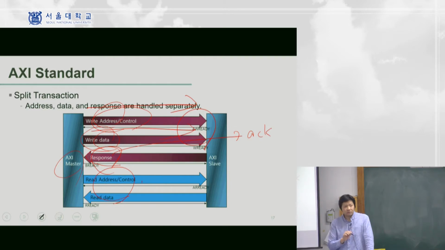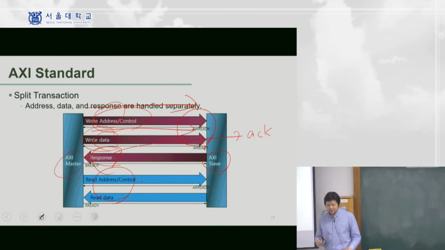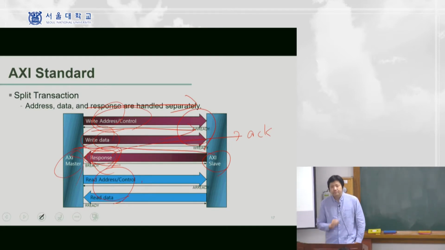But in contrast, the acknowledgement comes in the opposite direction, because it's the slave's responsibility to send the acknowledgement. So this channel flows this way. Likewise, if you do a read transaction, it's the master's responsibility to send the read address, so this channel flows in this direction, and the data comes from slave to master, so it goes the opposite direction.